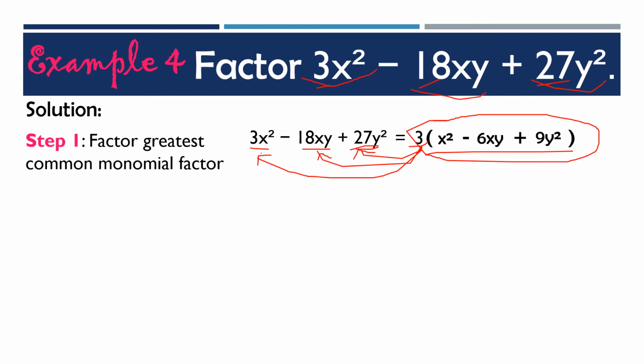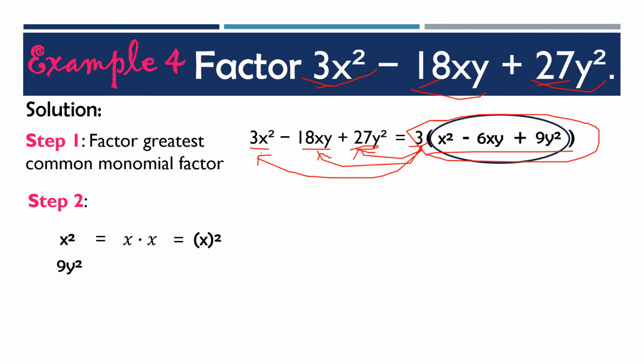We can proceed with factoring perfect square trinomials. Step 1 or step 2. Identify if the first and the last term of the trinomial are perfect squares. So the first term is x squared and the last term is 9y squared. X squared can be expressed as x times x.